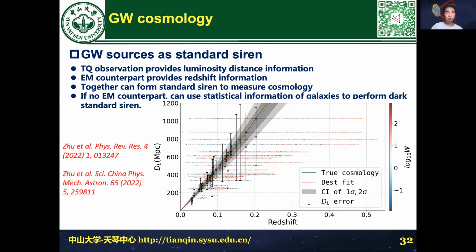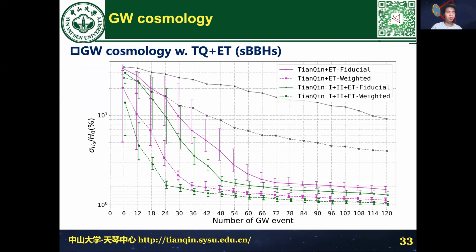We can use such observations of massive black hole binary mergers or standard massive black hole binary inspirals to help us pinpoint the expansion rate of the universe, the Hubble constant. And our preliminary study shows that the accuracy can reach the level of 1%, helping us to potentially resolve the Hubble tension. So these are the science cases, or the science prospects, of TianQin once it is operating.